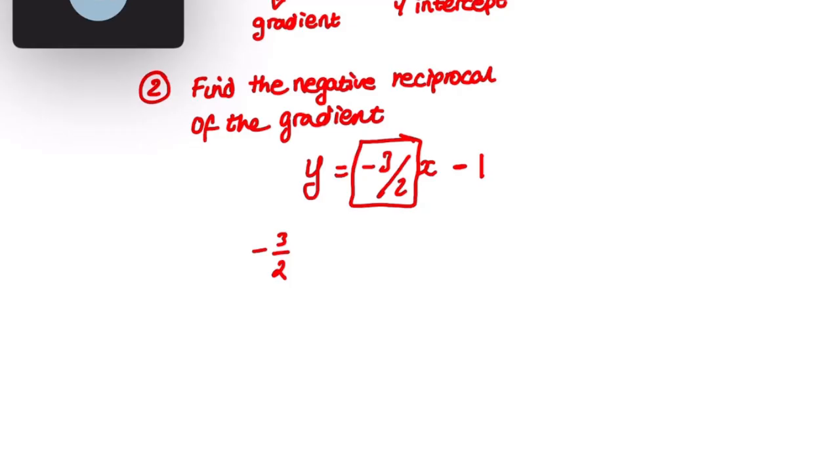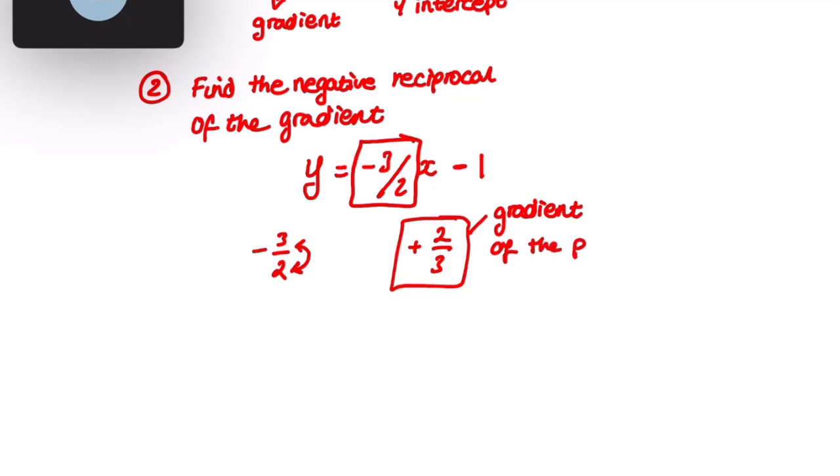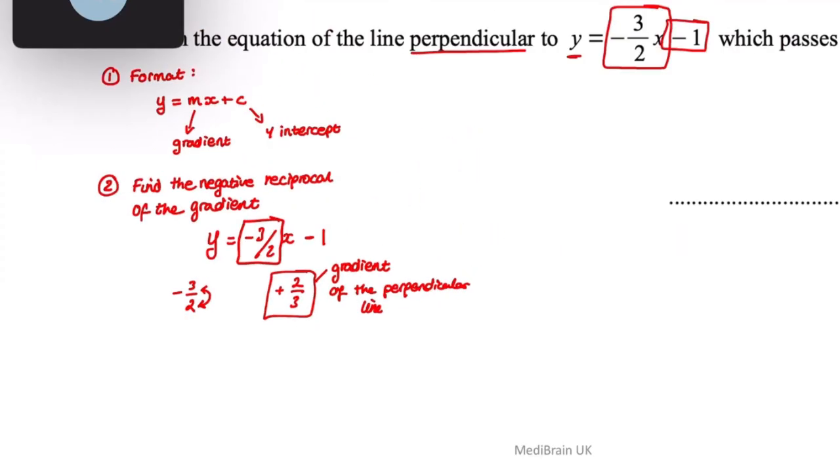So it's a negative, so we turn it into a positive, and we flip these two numbers around. So it's going to be positive 2/3. That's the gradient of the line which is perpendicular.